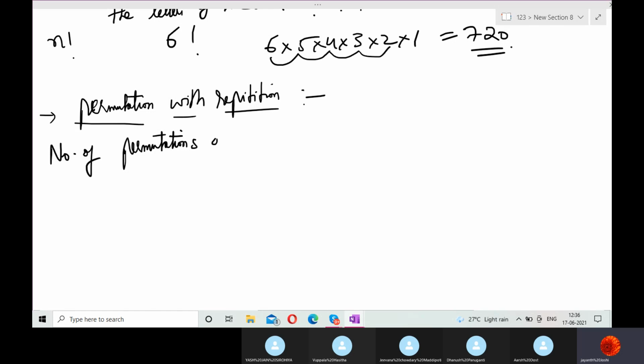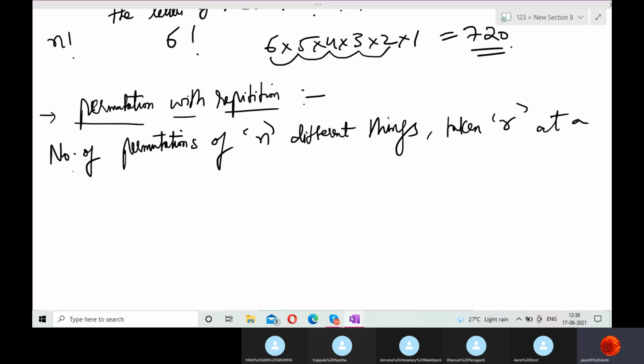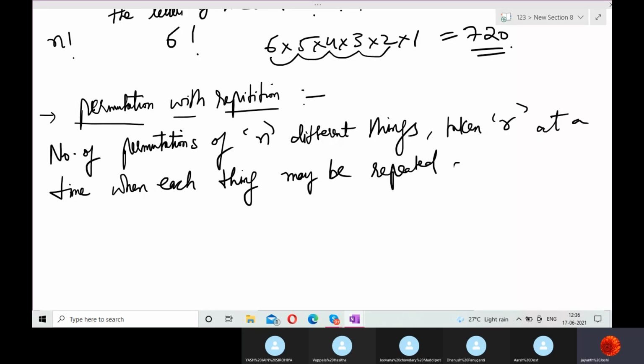Permutation of n different things taken r at a time, when each thing may be repeated any number of times.